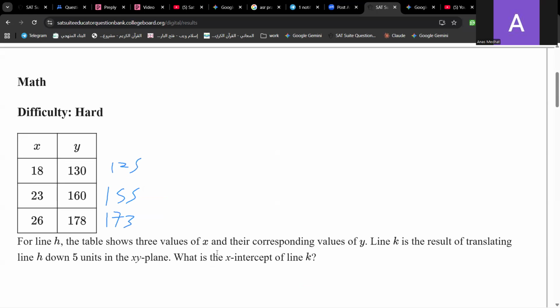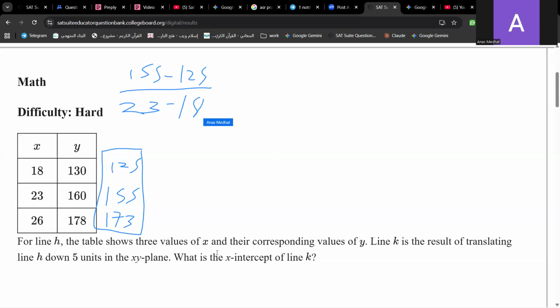So for the x-intercept, now we have to get the equation for line K, and then substitute one of the points to get the x-intercept. Let's do this. Let's get the slope first. Let's get the slope: 155 minus 125 over 23 minus 18.